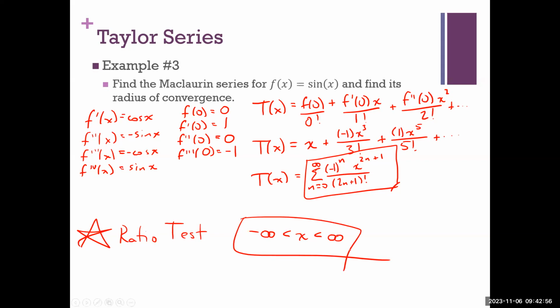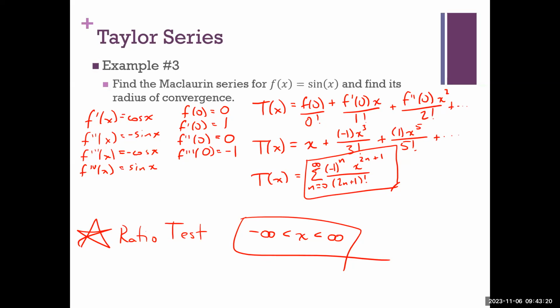If you're either not convinced or feel like some more practice with the ratio test would be worthwhile, go for it. But anytime you have a factorial show up in the denominator alone, I don't want to say anytime, but it's usually a good indicator that it's going to converge everywhere. Is that a question?